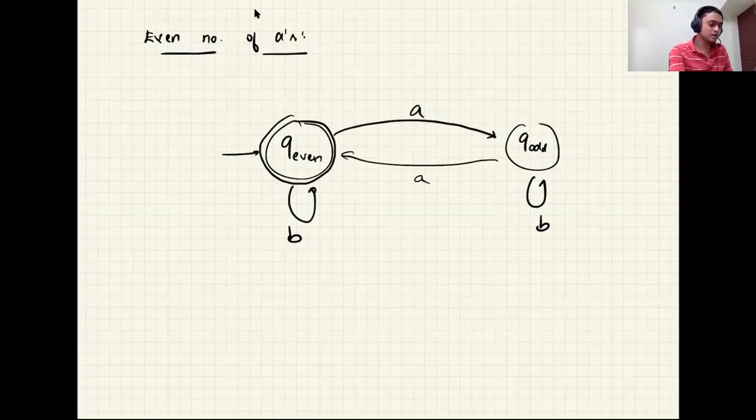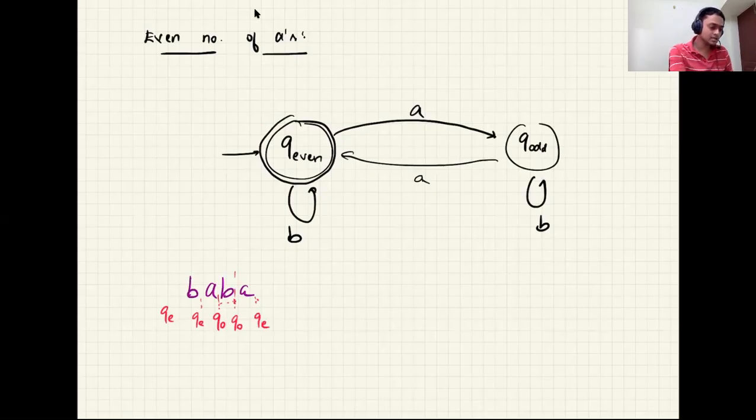So try to run, say, B, A, B, A, which has an even number of A's. You start with Q even, you stay at Q even, then you read an A and go to Q odd. So far you have seen one A, so it's odd. Then you stay in Q odd, and when you see another A, you come to Q even.